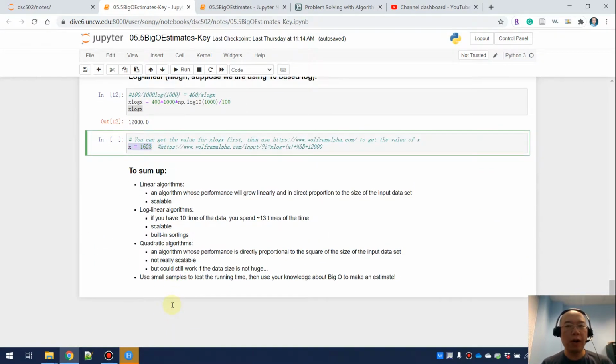Especially in the next semester, when you are doing more machine learning models, you usually start from a small portion, like 1% or 0.1% of the data, and after that you can estimate if that model is really doable on your machine, and whether you can really afford the running time. Okay, so that's it for today, and I will talk to you tomorrow.